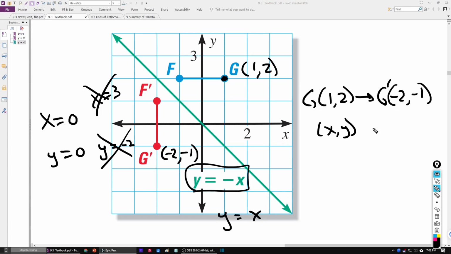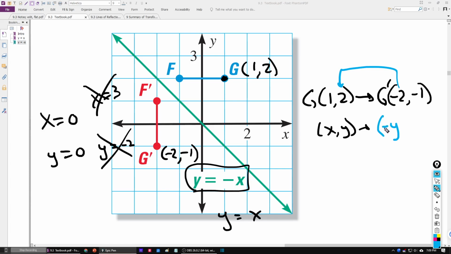All right, so what is our rule of transformation? How do we get this G prime? Well, this negative 2 came from where? It came from your y coordinate. So I know this is going to be y, but what did I do to the y? Well, I did the opposite of it.